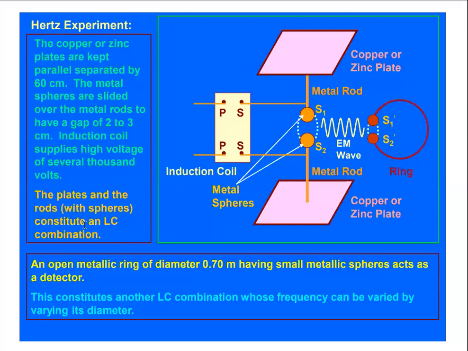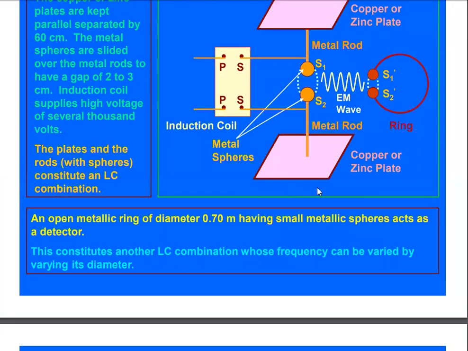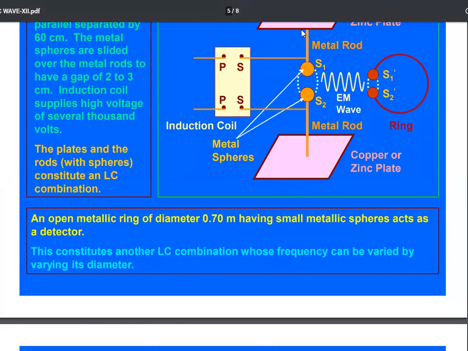So plates and the rods along with the spheres constitute LC combination. It means you can say that these plates act as a capacitor and this system act as a inductor, and that's why it is called LC combination.